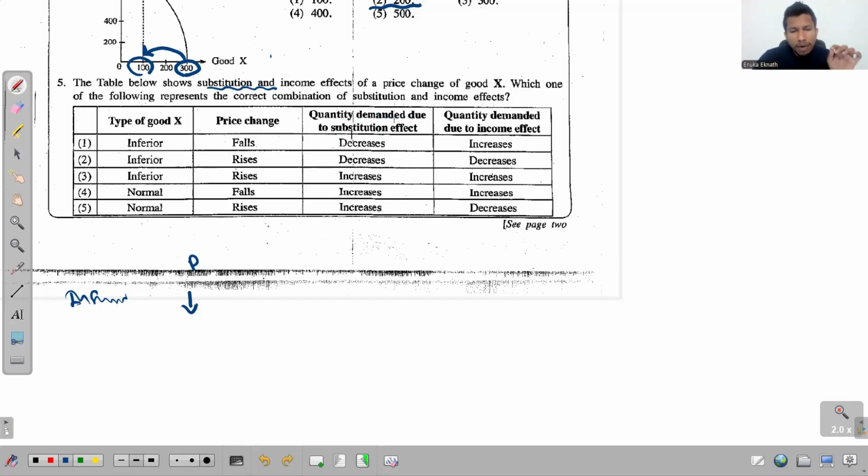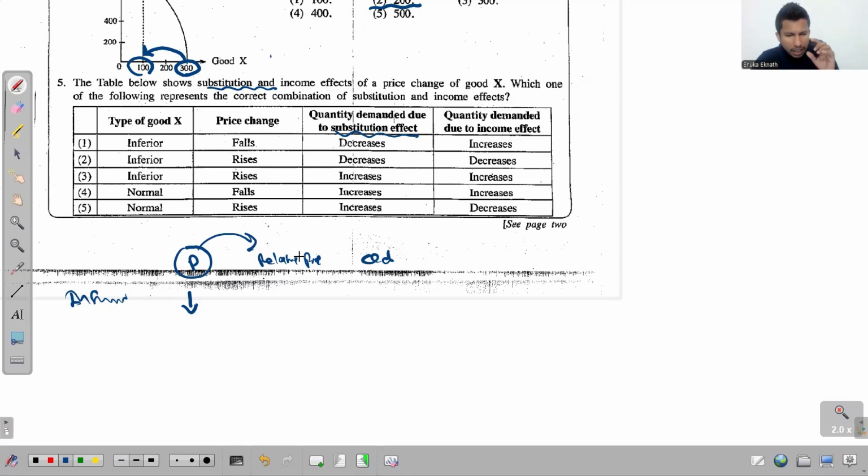So what do we mean by this term substitution effect? This means what happens to the quantity demanded of the good as a result of relative price change of the considered good. So let me write here relative price. When the price of the considered good changes, its relative price changes.